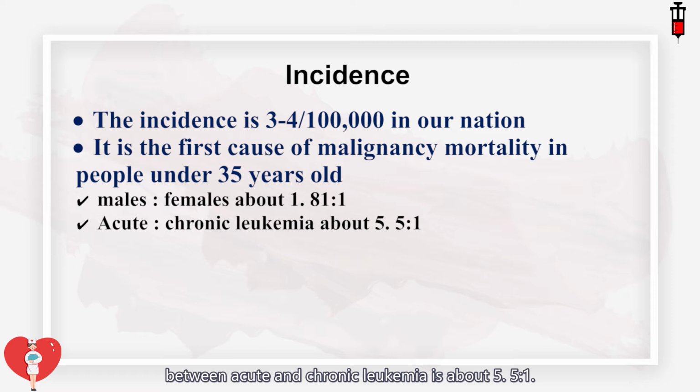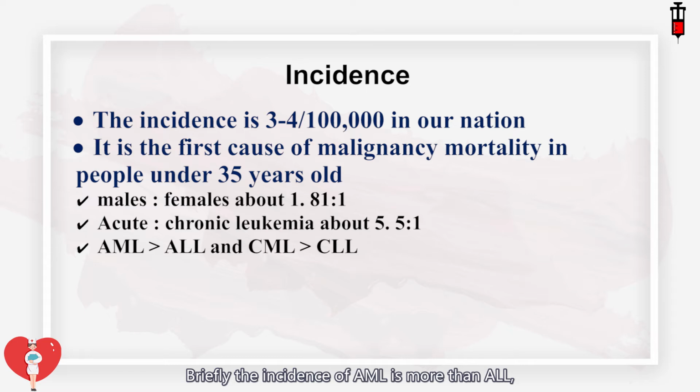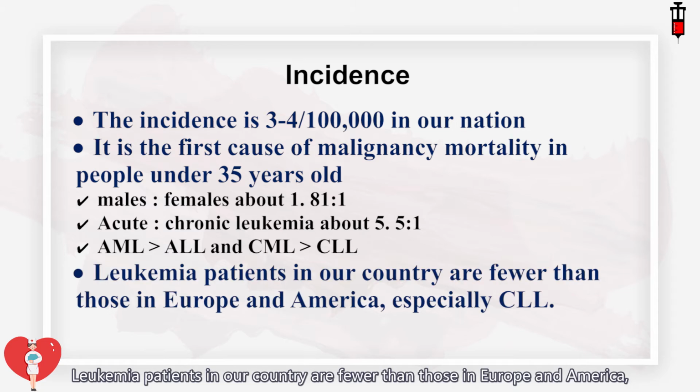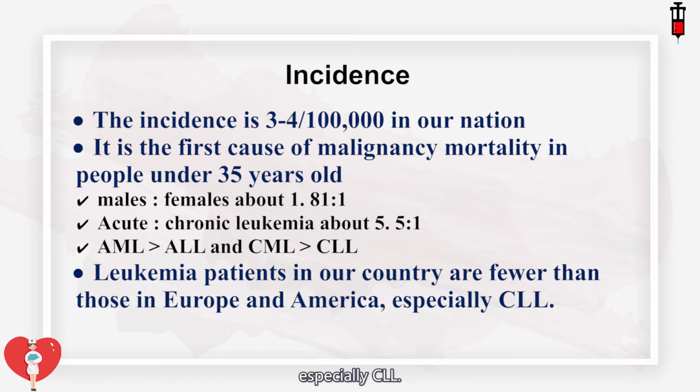Between acute and chronic leukemia it is about 5.5 to 1. Briefly, the incidence of AML is more than ALL, and CML more than CLL. Leukemia patients in our country are fewer than those in Europe and America, especially CLL.